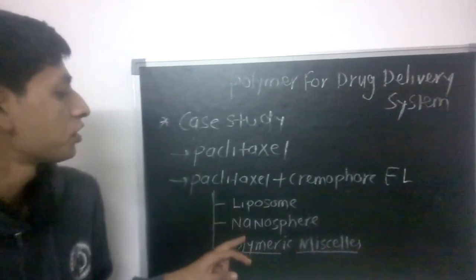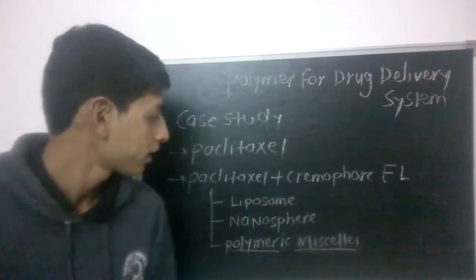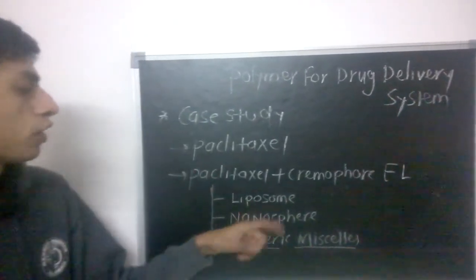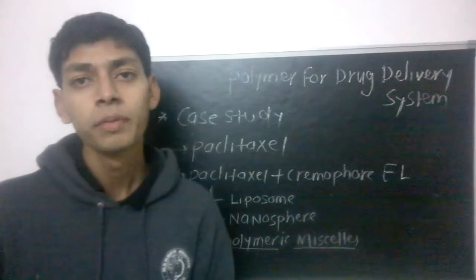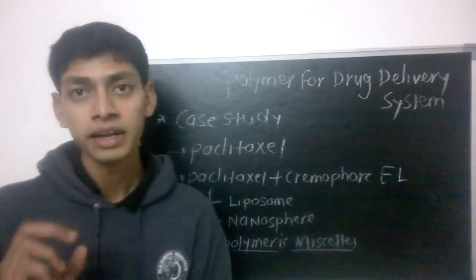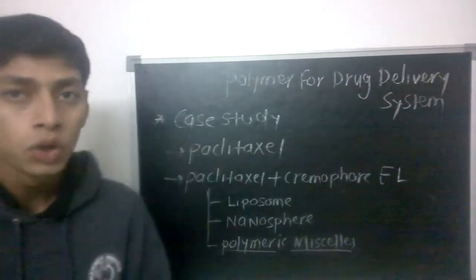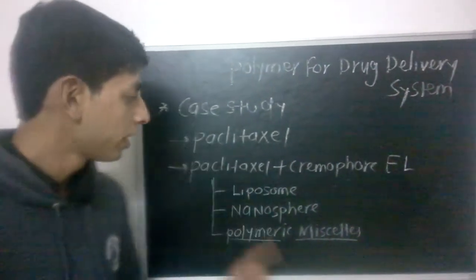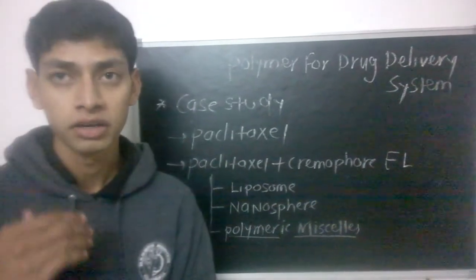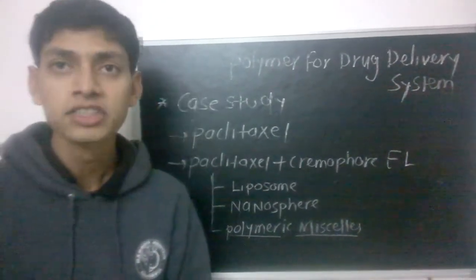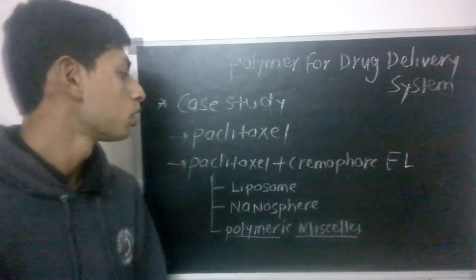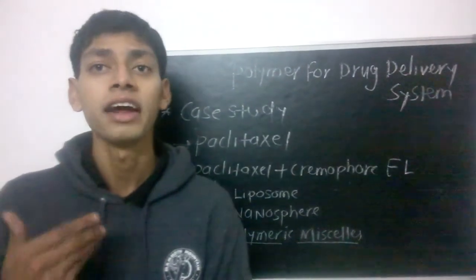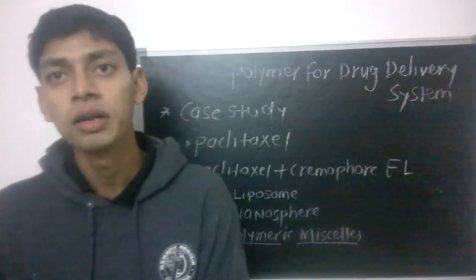Scientists formulated three kinds of dosage form: liposome, nanosphere, and polymeric micelle. In case of liposome, as we all know, liposomes are lipid bilayer vesicular systems. Whenever this kind of lipid-based drug delivery system enters the body, the body's immune system recognizes it as an antigen because it is lipid.